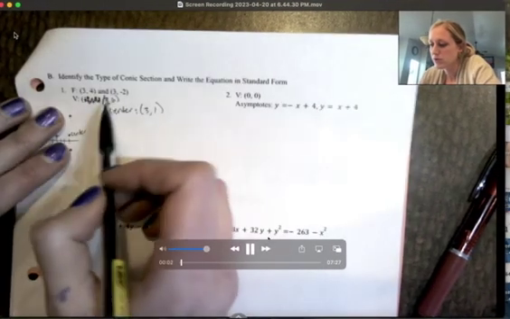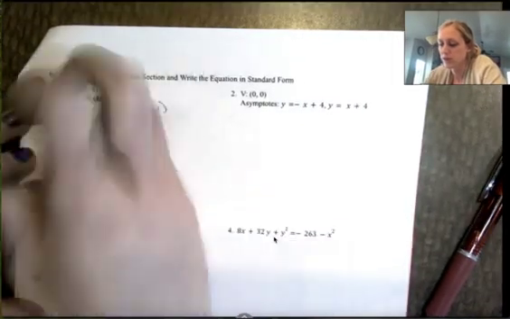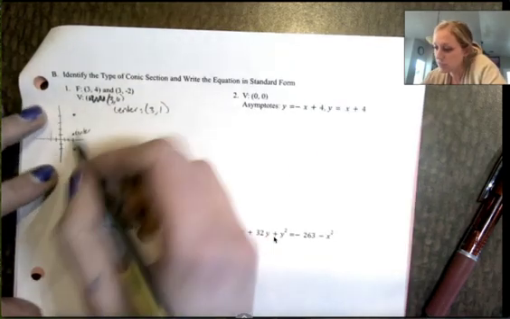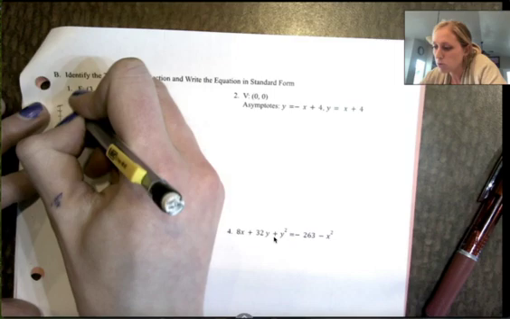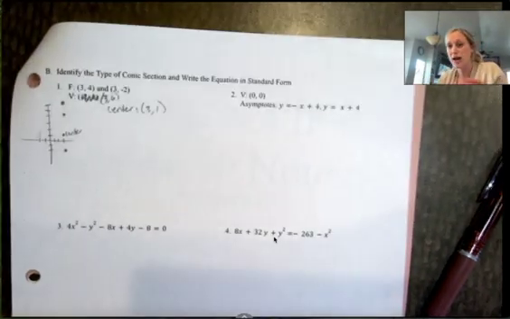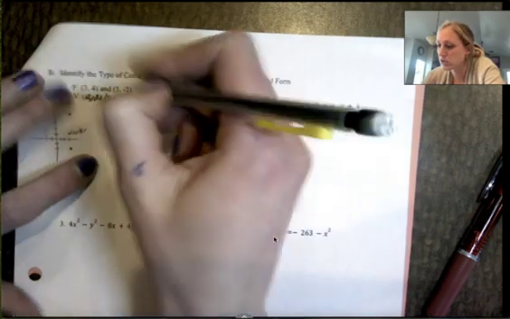Okay. So this, you guys, the vertex should be at 3, 6. So if my vertex is at 3, 6, it's outside of the foci. So that only happens for an ellipse, right? The foci are outside the vertices for hyperbolas. So this is an ellipse.